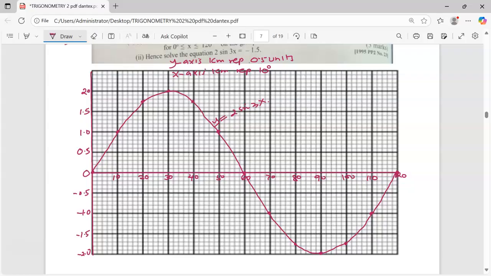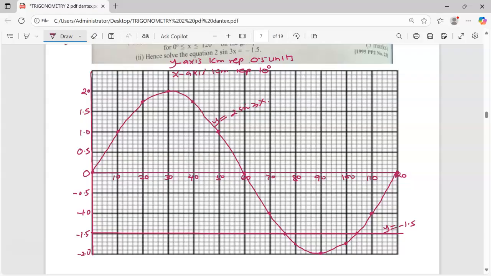You draw a line and read off the values where the line and the curve intersect. So the curve and the line are intersecting at this point here. This is the line y is equals to negative 1.5, or simply 2 sin 3x is negative 1.5.